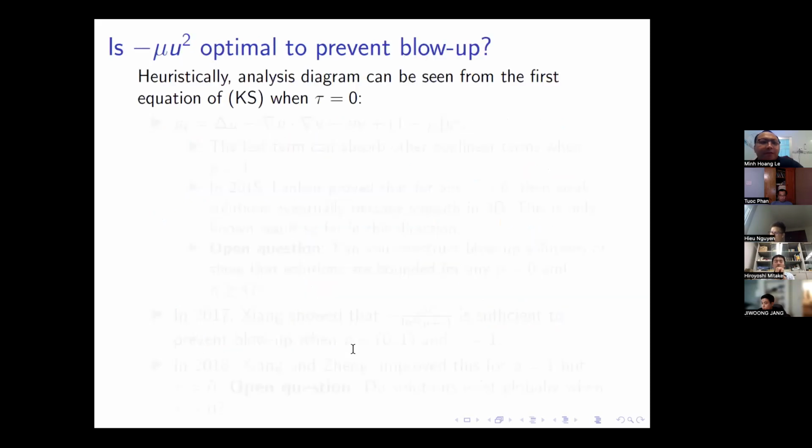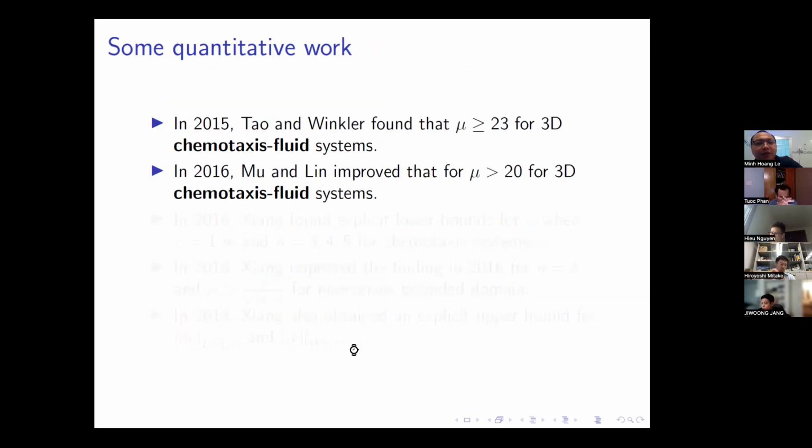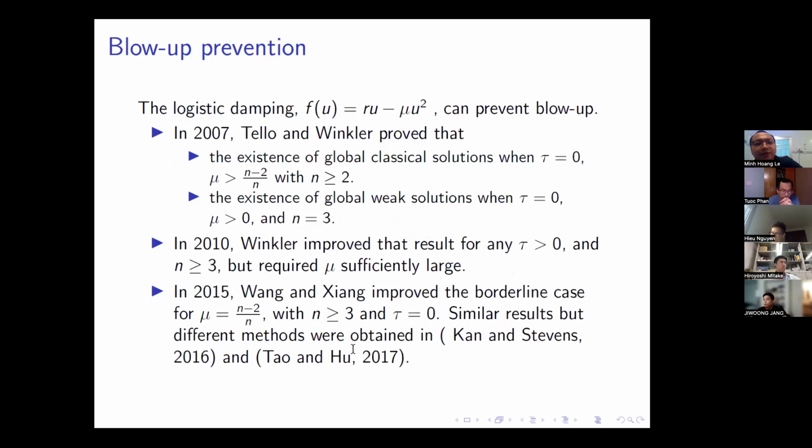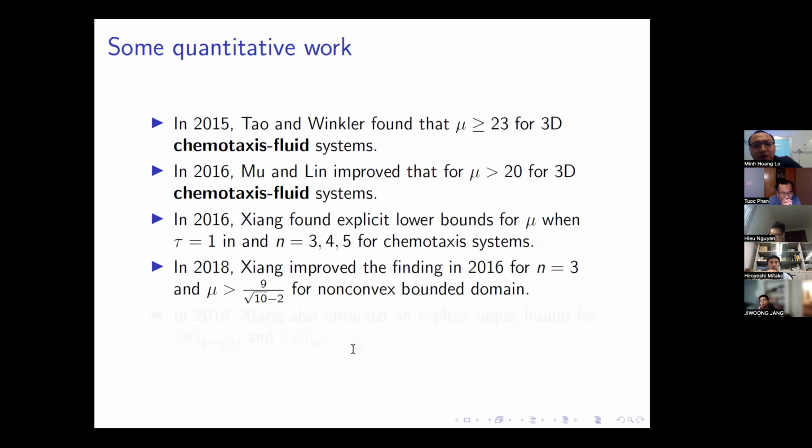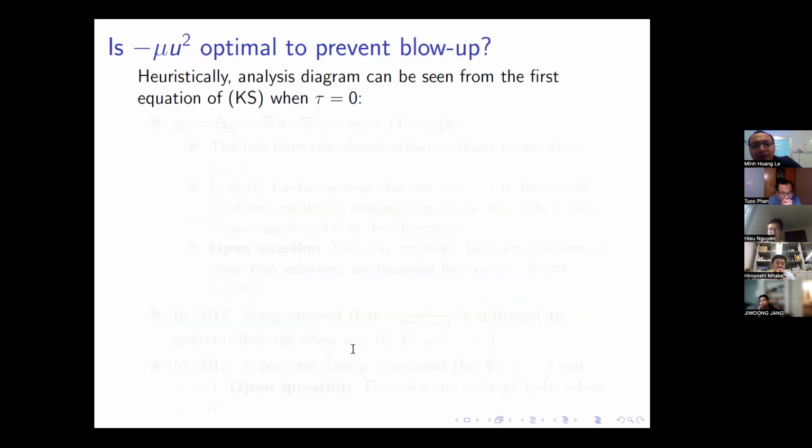And now, intuitively we see that minus mu u squared will help the estimate, but how do we see that picture? We can look at the following analysis. If we make use of the second equation and plug it into the first equation, we have something like this.